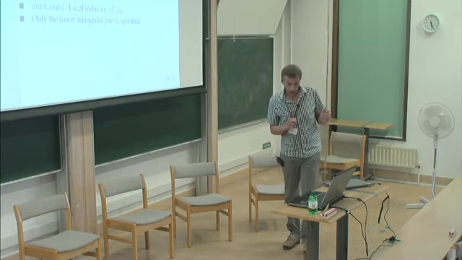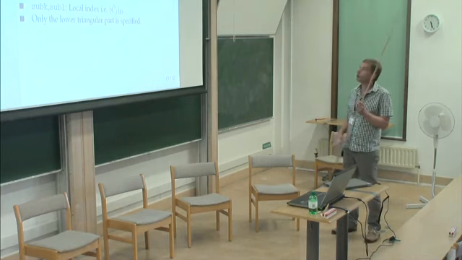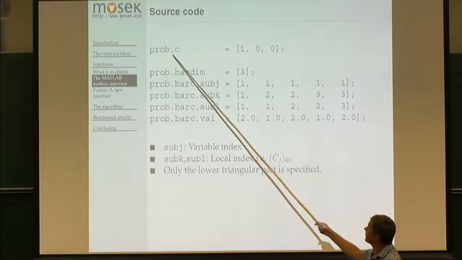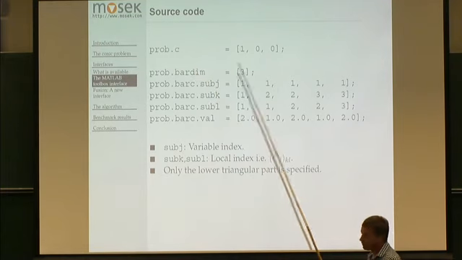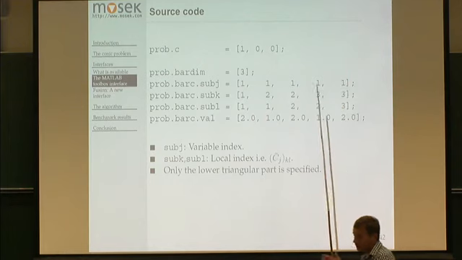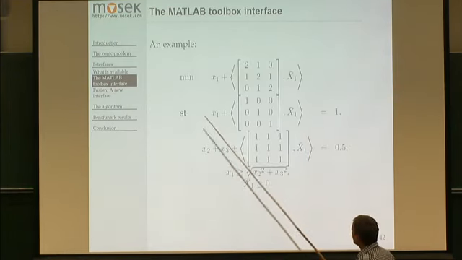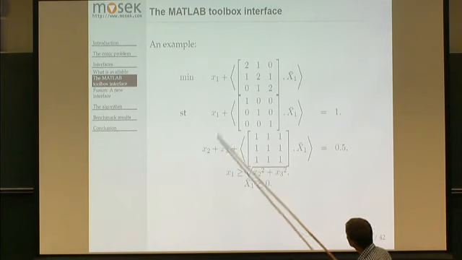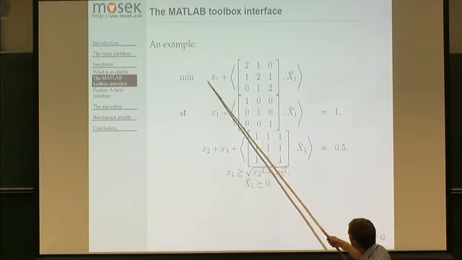Well, you have to build a MATLAB structure, and I call that the problem. In this structure, there's something called c, and that is the objective function for the linear variables. We had three linear variables, x1, x2, x3, but only one of them appears in the objective, and it has a 1 in front of it.